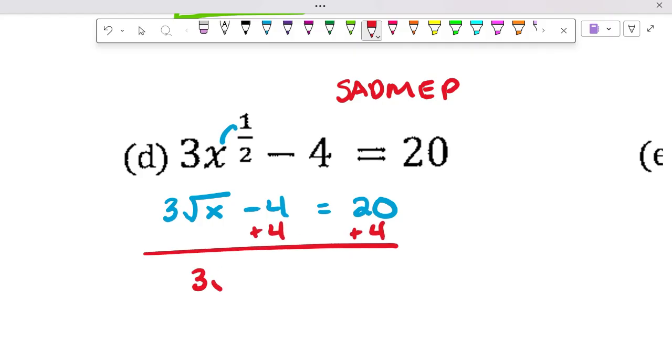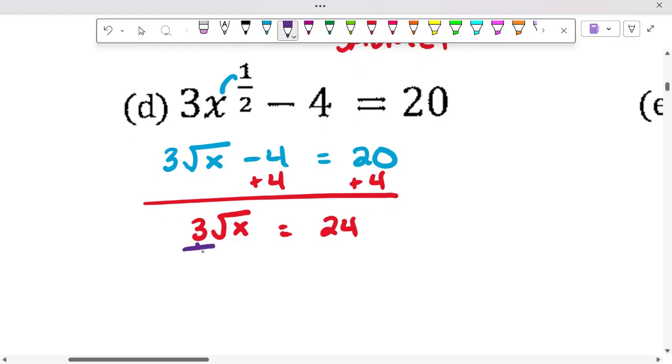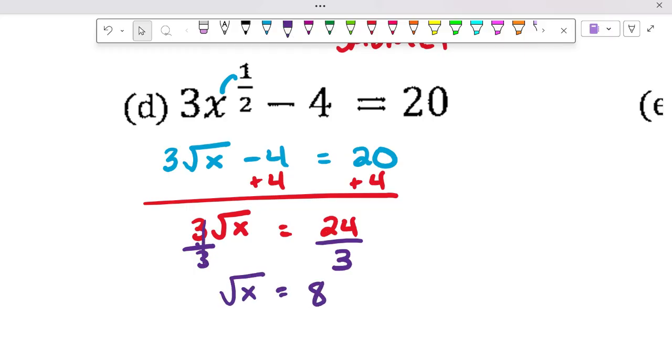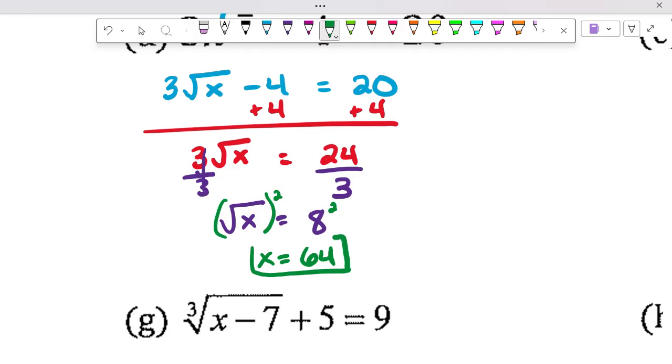So this would be 3 square root x is equal to 24. Then what do I do? Divide by 3. We're multiplying the radical by 3, so we're going to divide by 3. Square root of x is equal to 8. Last step, square both sides. So x is equal to what? Good.